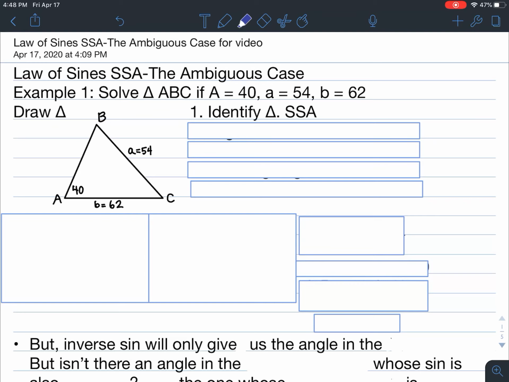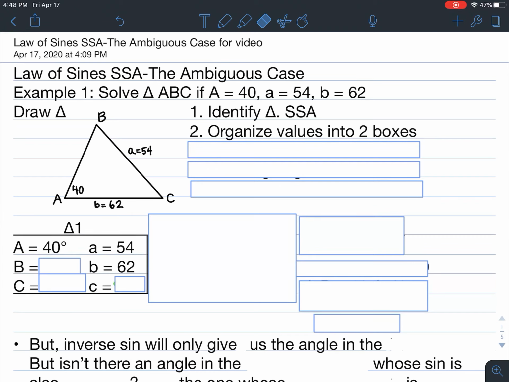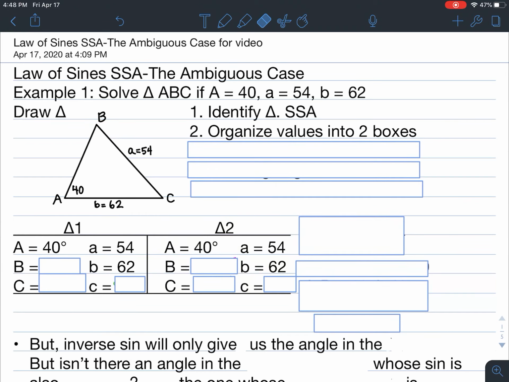Okay, so the next thing we're going to do is organize our values in two boxes. Why are we going to do that? Why two boxes? Okay, so we have this first one and this second one.